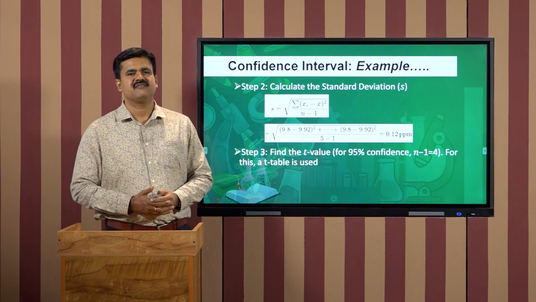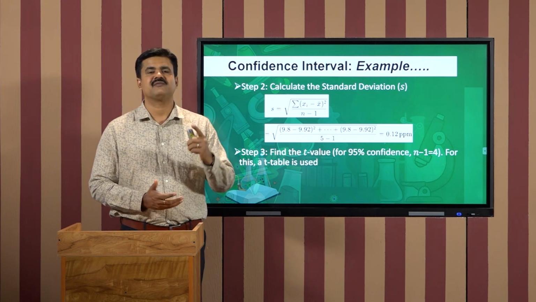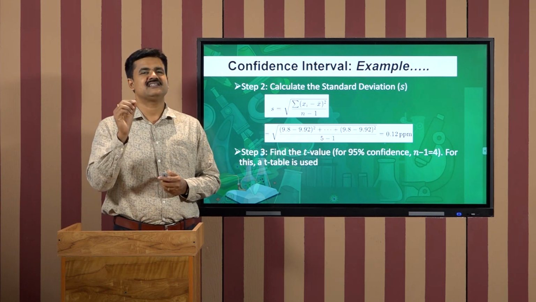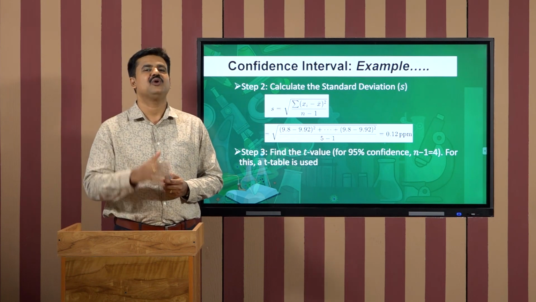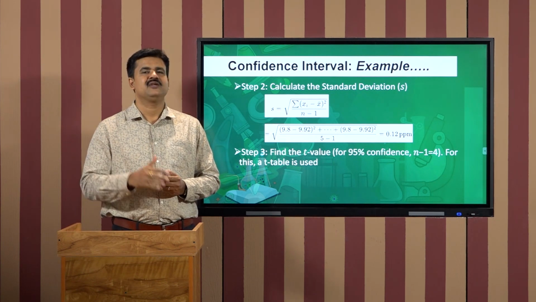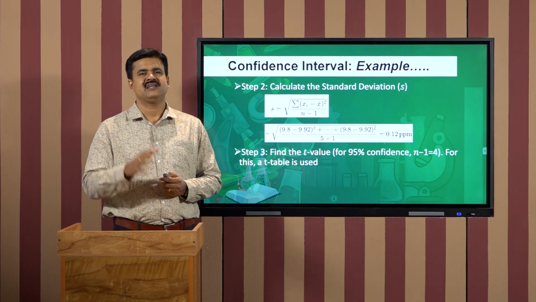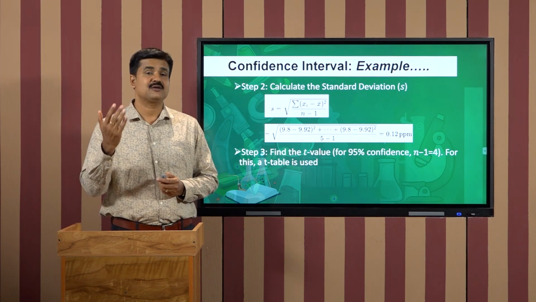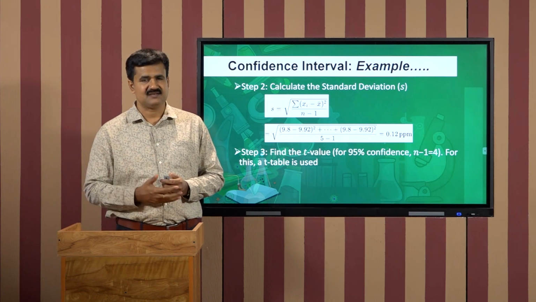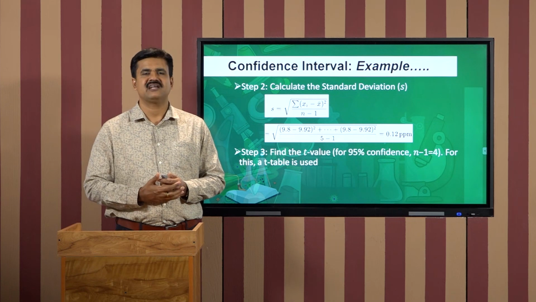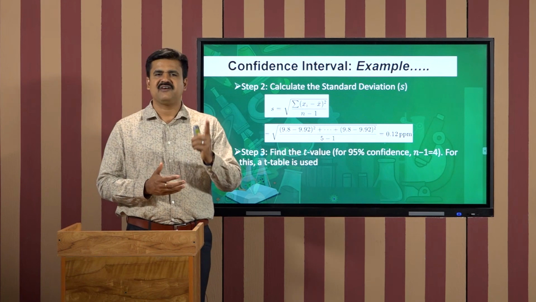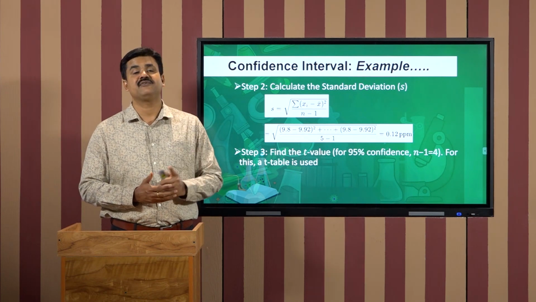Now, in the third step, we have to find the t value from the student's t table. I already mentioned that in order to get the confidence interval, you have to use a t value. In order to use a t value, you have to adopt it from a standard table, similar to a logarithm table, called the student's t table, and from that you can take the value for the corresponding measurement and find the t value for 95% confidence.